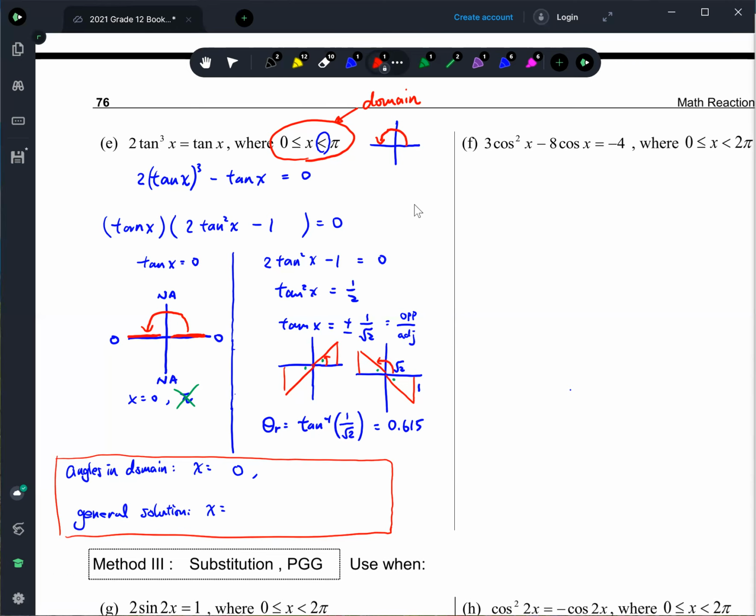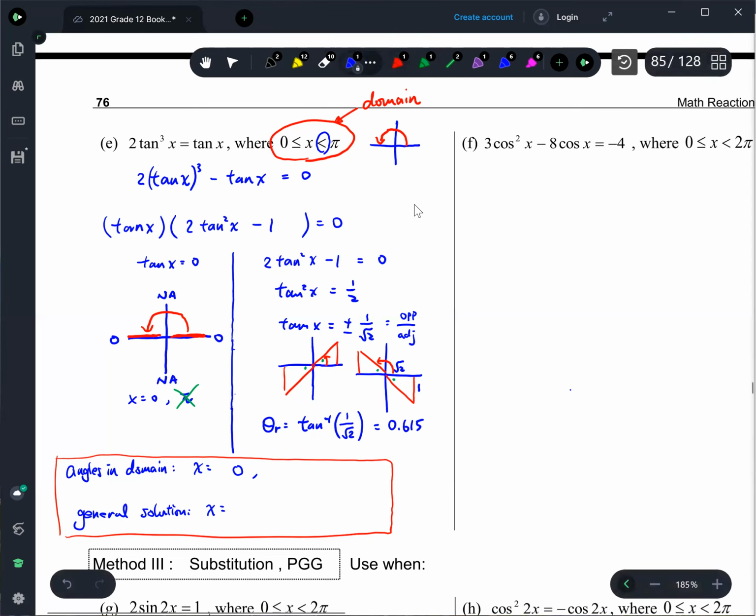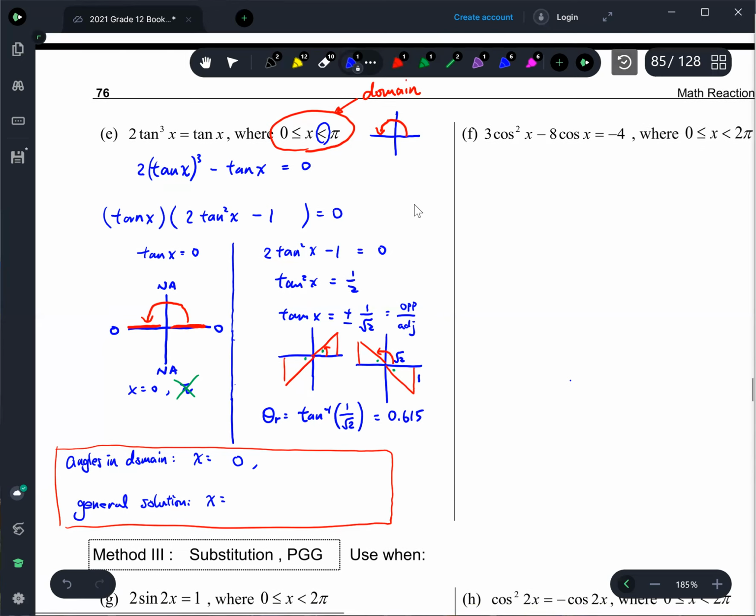Other than that, they are outside the domain. If the domain is 0 to 2 pi, then you should get 4 answers from this side. But because the domain is only 0 to pi, you only list out 2 answers. So the first one from quadrant 1 is 0.615.